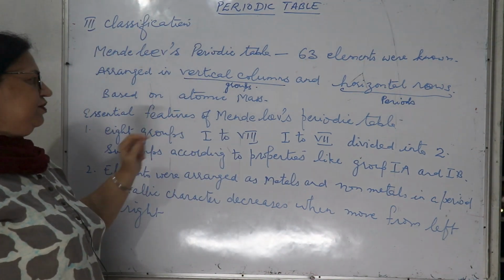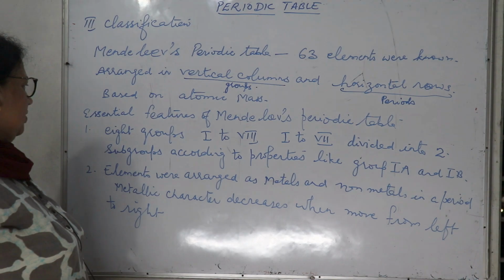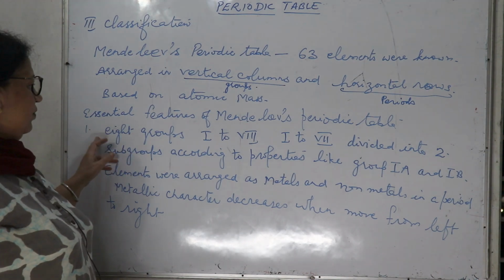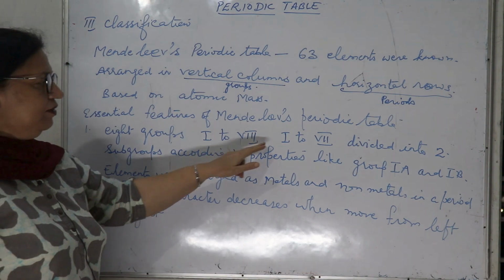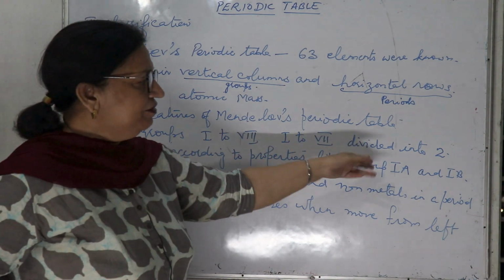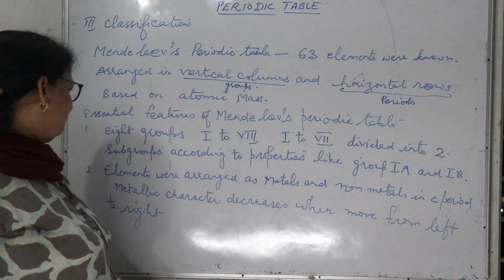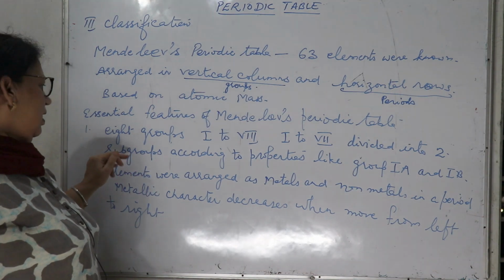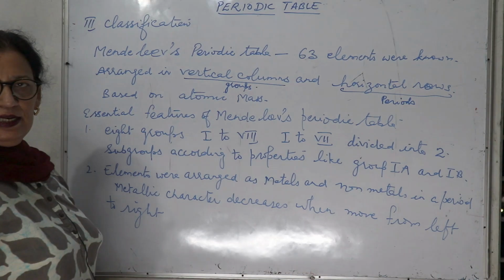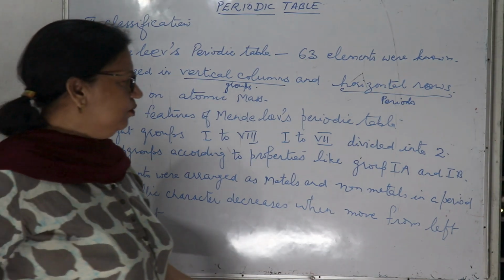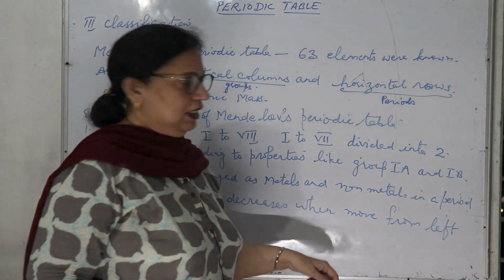What are the essential features of Mendeleev's periodic table? There were 8 groups, 1 to 8, and groups 1 to 7 were divided into 2 subgroups according to the properties, like group 1A and group 1B.